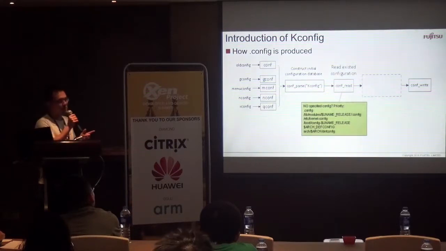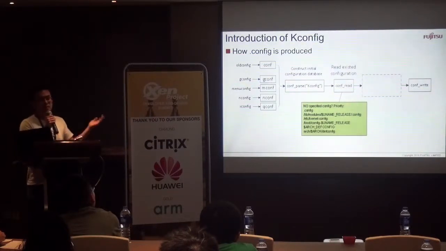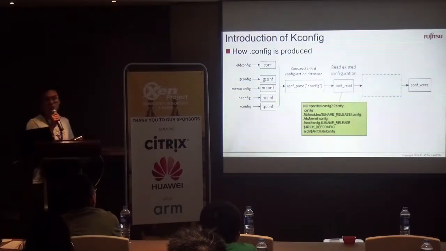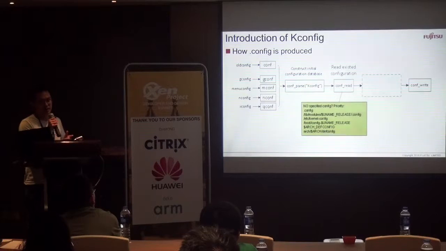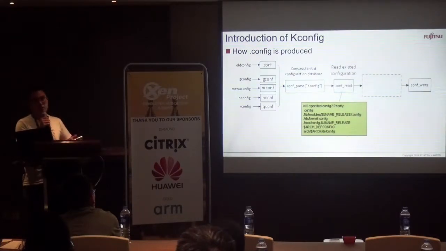Some targets may have a GUI frontend, like menuconfig, and some don't, and just use the command line. Okay, wait, what is a host program? It is one of the build targets during the kernel build. It is actually an ordinary user space application, just provided by the Linux kernel itself.